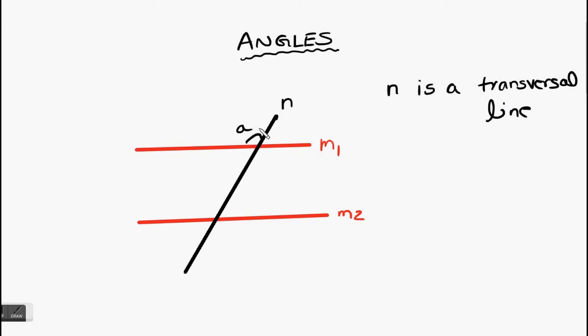Now let's say this angle is A and this angle is E, and this angle is B, this angle is C, this angle is D, this is F, this is G, and this is H.